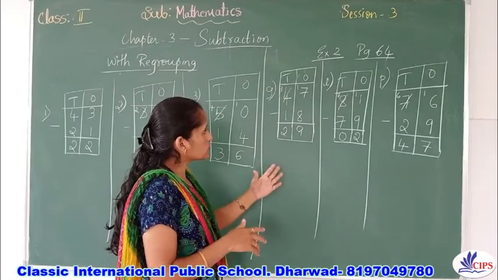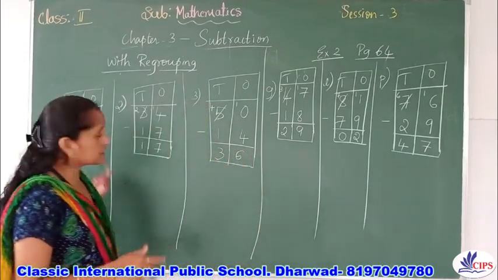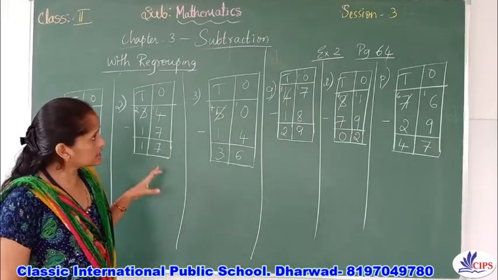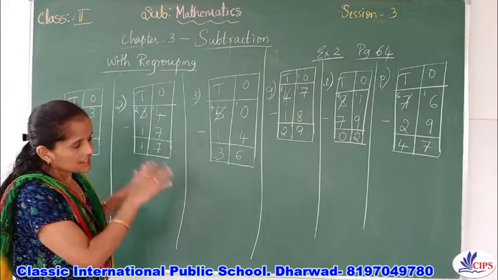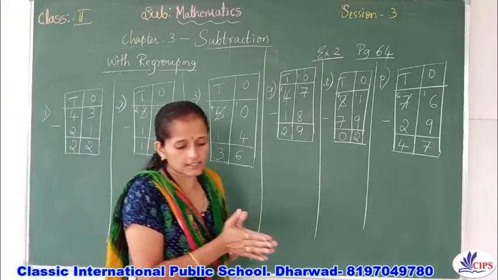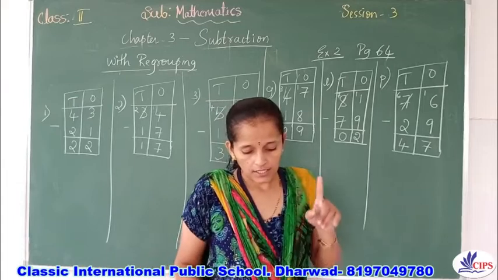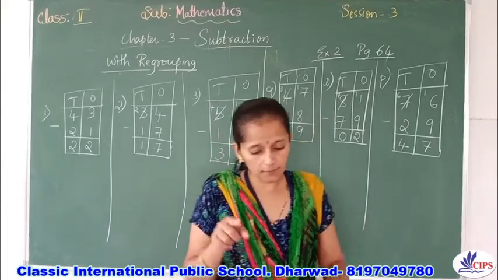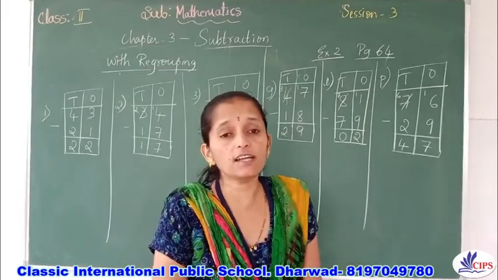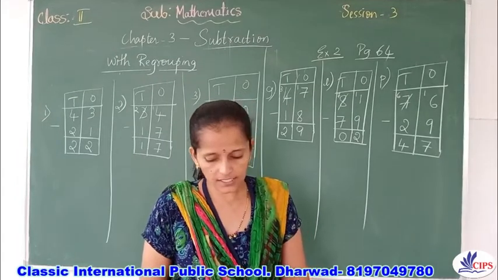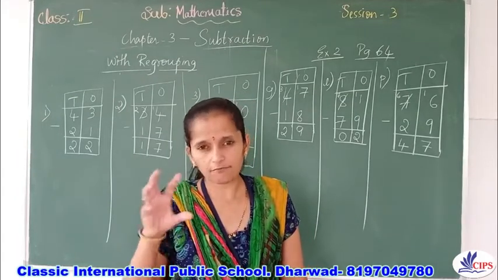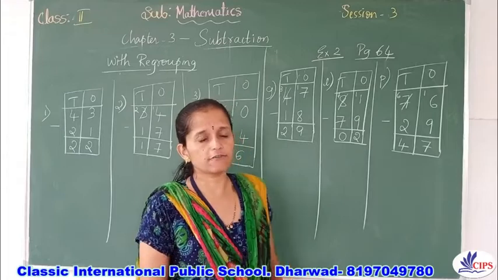So I have just solved 3 examples, and three other examples I had solved earlier, totally 6. After studying all this, you can solve exercise 2, that is the first main example from A to P in your textbook, page number 64 and a little up to page number 65.